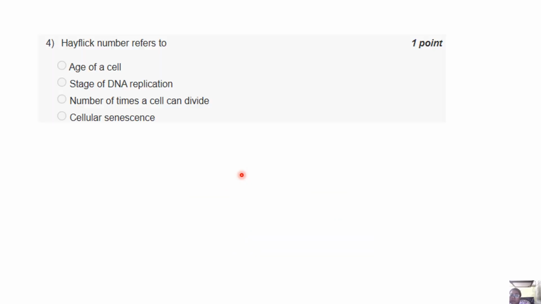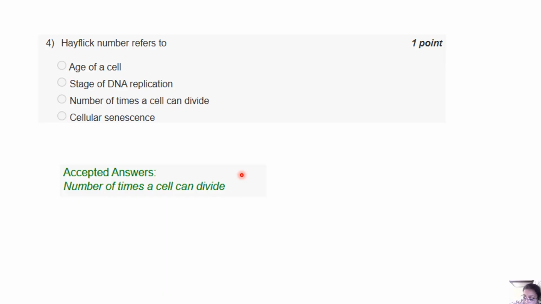So if we come back to the question that we started with, Hayflick number refers to the number of times a cell can divide. Basically, it's the number of times a normal human cell can divide before it stops dividing.